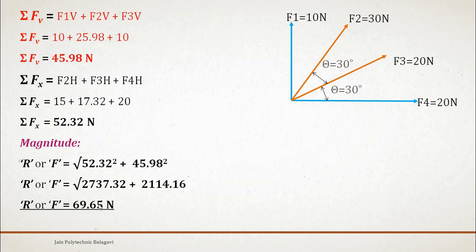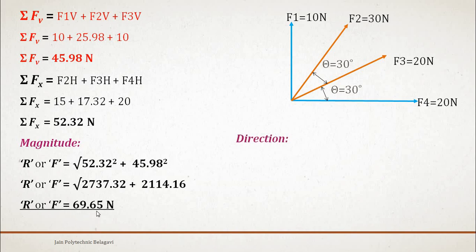This resultant force is going to replace all these forces and pass somewhere in this direction. So if you replace all four forces with 69.65 Newton, it is going to give the same effect on the object.